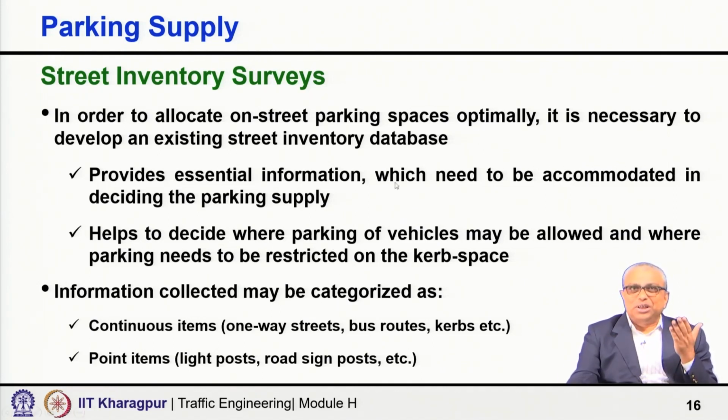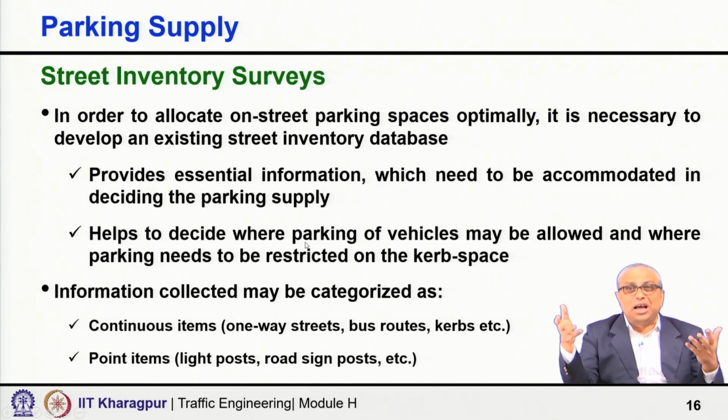In order to allocate on-street parking spaces optimally, it is necessary to develop an existing street inventory database, which provides essential information that needs to be accommodated in deciding the parking supply. Where can I allow parking? The whole curb length in the area I cannot occupy with parking, right. So, I must know what is there where.